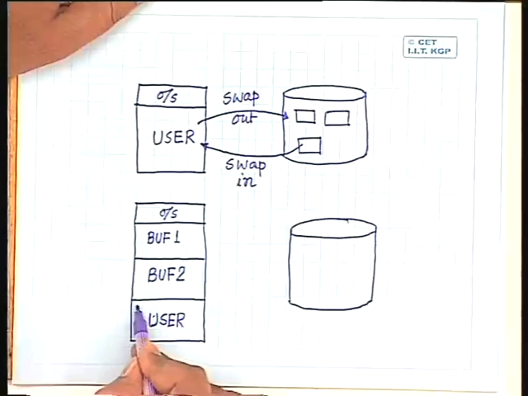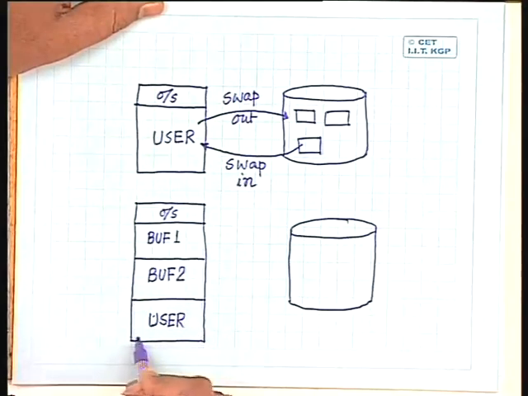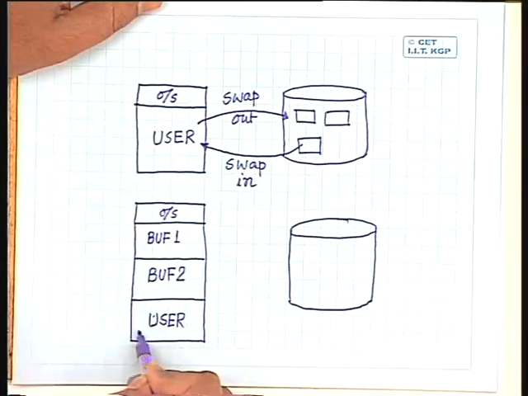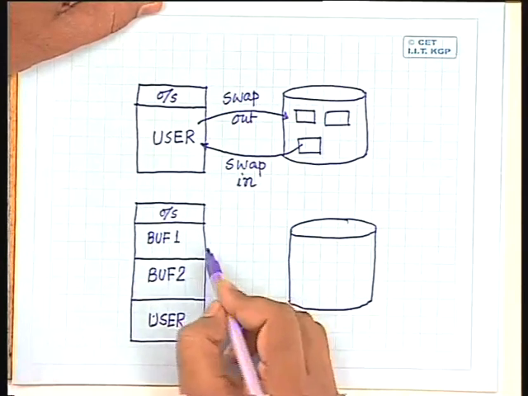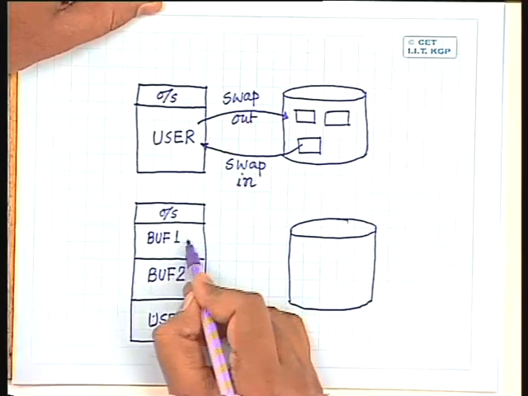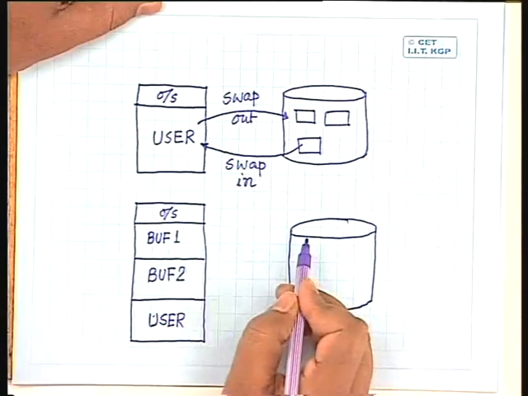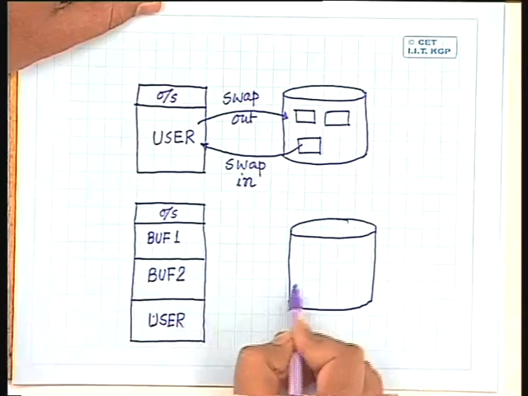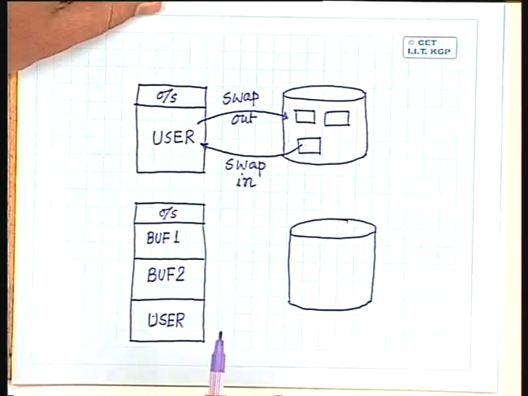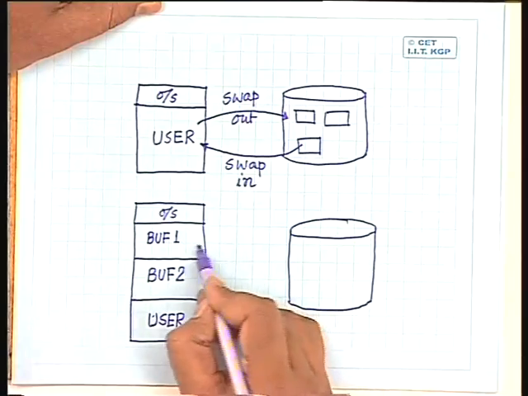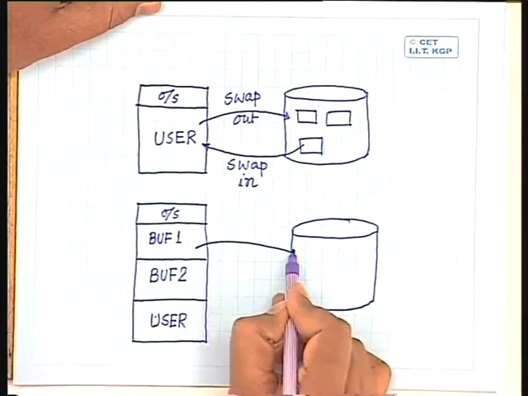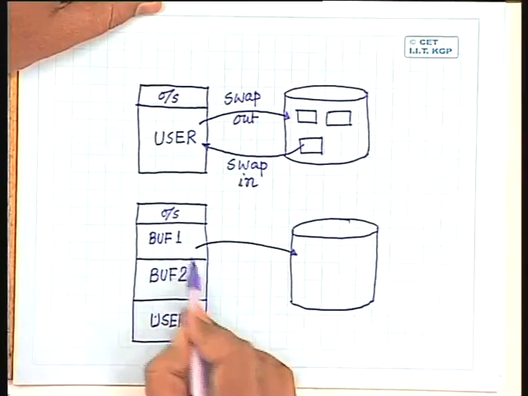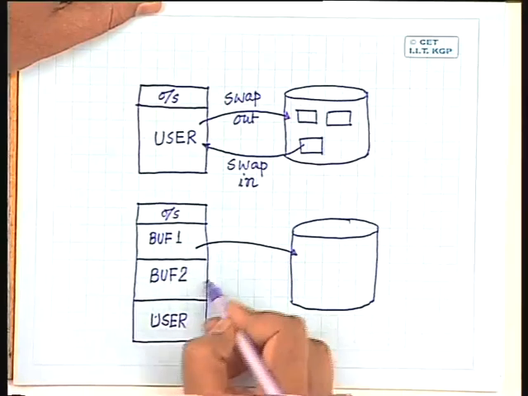Now, a user program which is being executed by the CPU can be contained in this user area. Buffer 1 will contain a process which is to be swapped out, and buffer 2 will contain a process which is being swapped in from the secondary storage. So I'll have a situation like this. From buffer 1, I'll swap out a process onto the secondary storage.